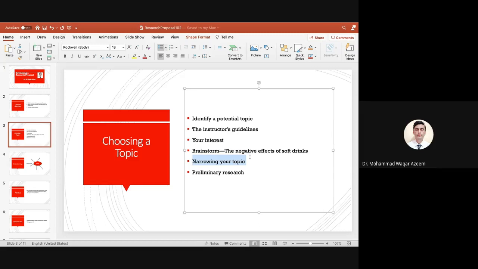So what are you doing over here? You are reducing the scope and the breadth of your topic to just one kind of negative effects, which is academic performance. Effects on the academic performance, nothing else. Also, you are reducing the population you want to pay attention to.